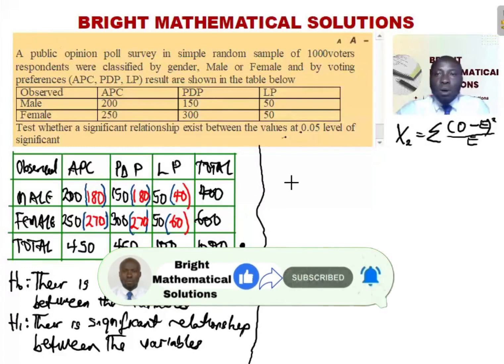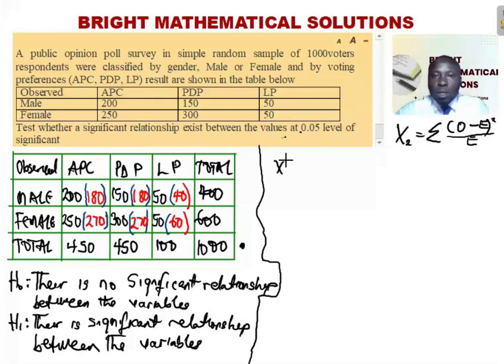So it will now become x, that is chi-square, equals the observed for the first one. The observed for the first one is 200 minus the expected, that is 180.